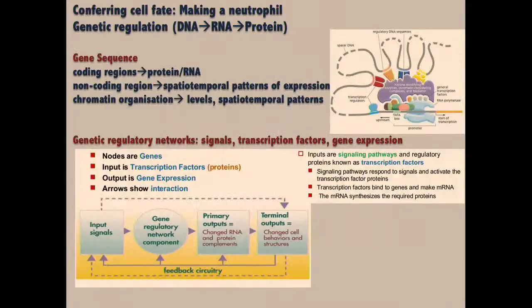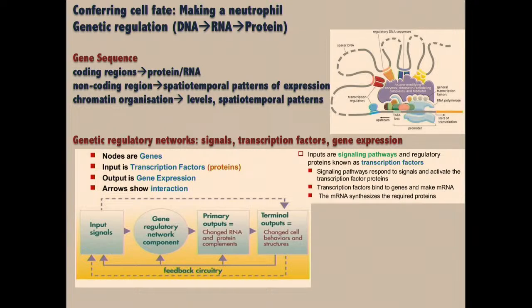So if you start to think about how this happens, obviously you have to endow a cell with the capabilities that a neutrophil has, and I'll call that committing a cell to the neutrophil fate.